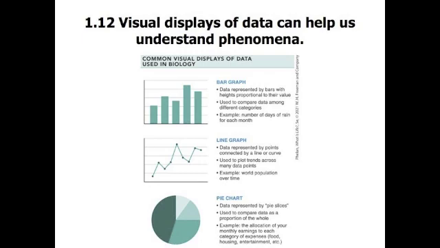Visual displays of data generally have a few common elements. Most have a title, which usually appears at the top and describes the content of the display. Bar graphs and line graphs include axes, usually a horizontal axis, also called the x-axis, and a vertical axis called the y-axis.